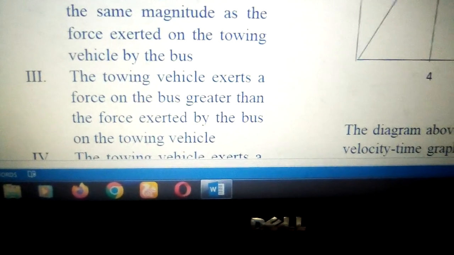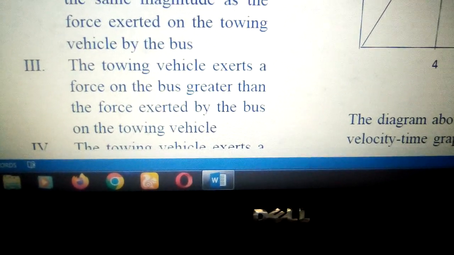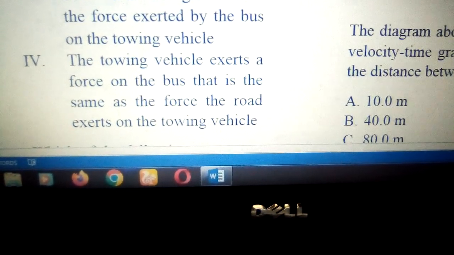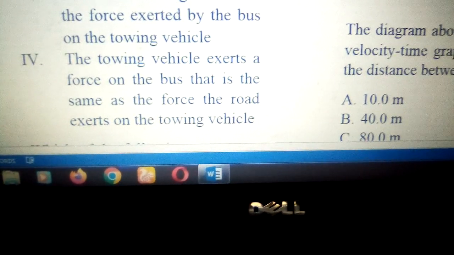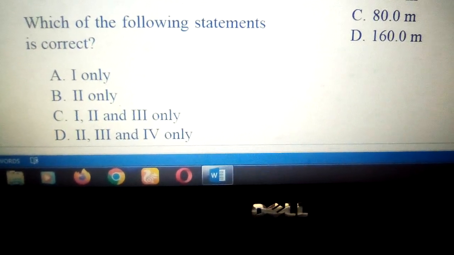The towing vehicle exerts a force on the bus greater than the force exerted by the bus on the towing vehicle. 4. The towing vehicle exerts a force on the bus that is the same as the force that the road exerts on the towing vehicle. The answer to the question is B. II is the answer. The force exerted on the bus by the towing vehicle is of the same magnitude as the force exerted on the towing vehicle by the bus. This is Newton's third law of motion: to every action, there's an equal and opposite reaction.